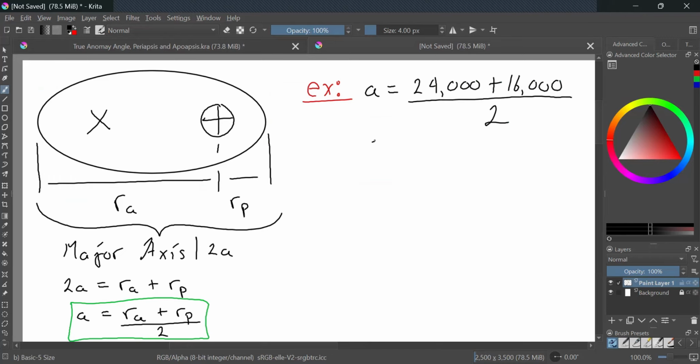It's divided by 2. Which leaves us with 20,000 kilometers. Now that is a rather suspiciously round number, don't you think? It's almost as if I chose it intentionally.